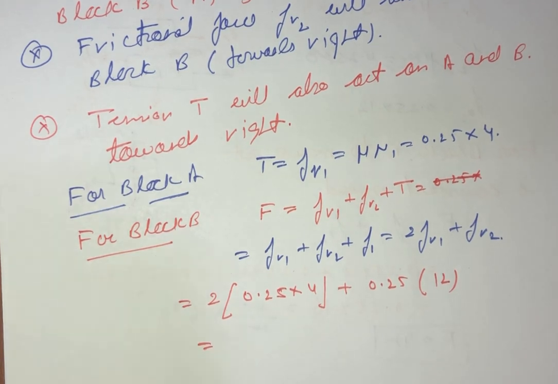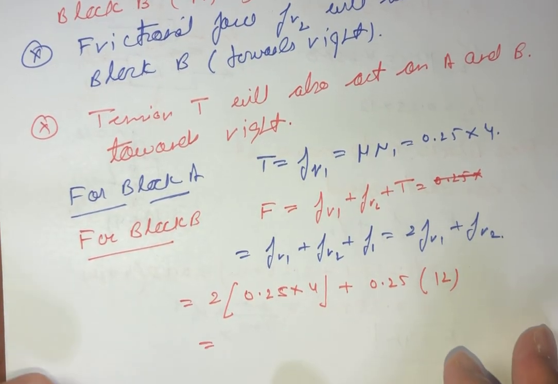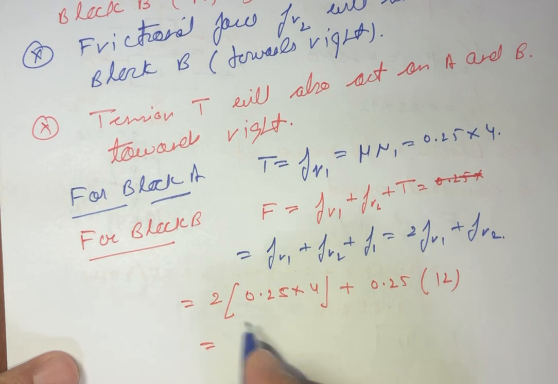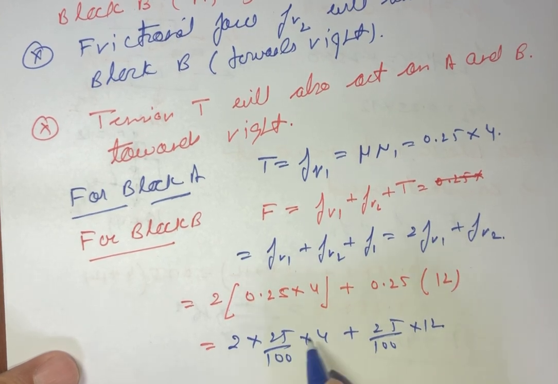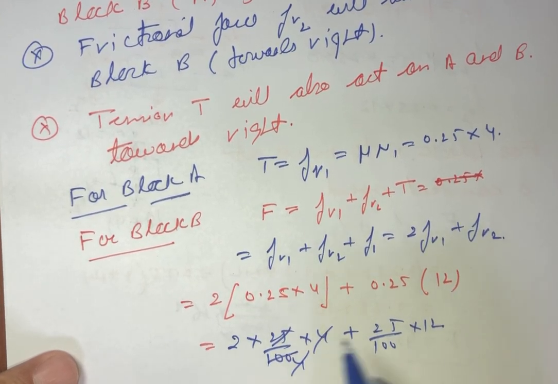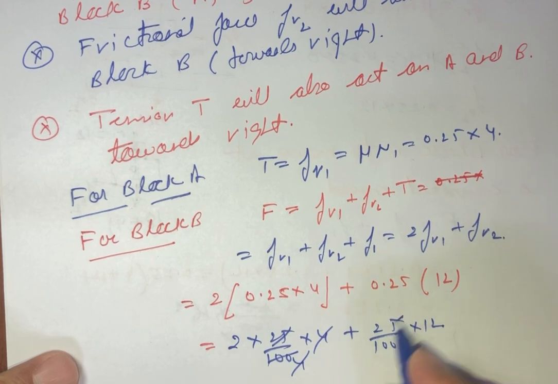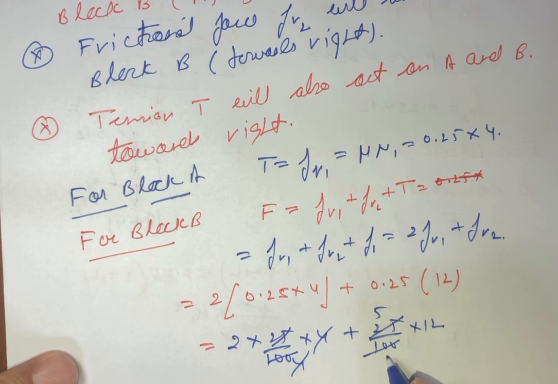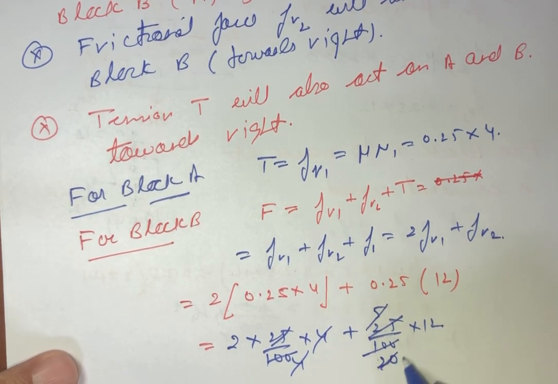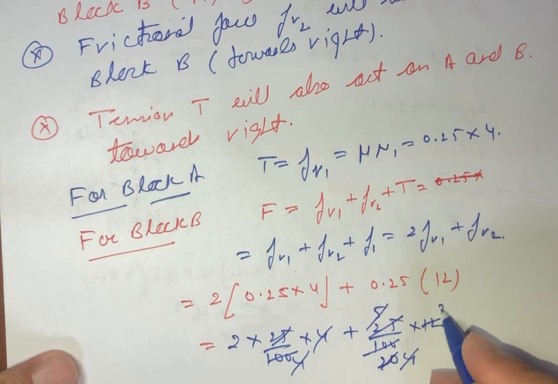And we can say this will be coming as 2 into 25 divided by 100 into 4 plus 25 divided by 100 into 12. Basically the 4 cancels out, and this comes as 5 into 4 is 20, 5 4s are 20, 4 3s are 12.